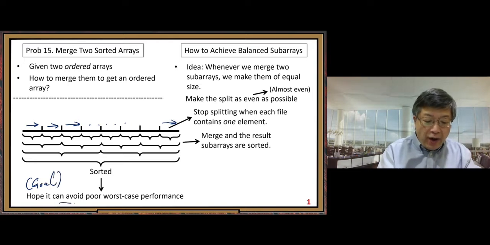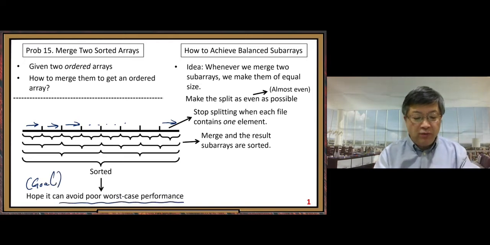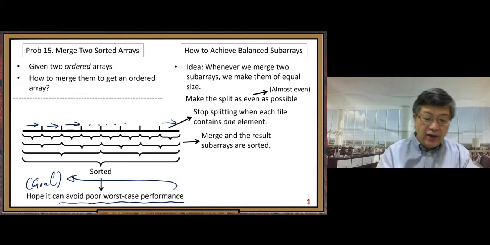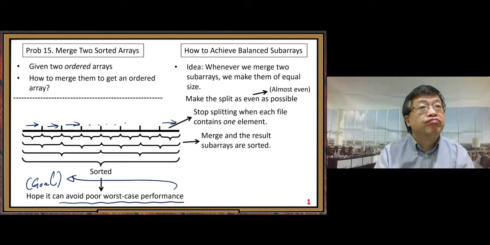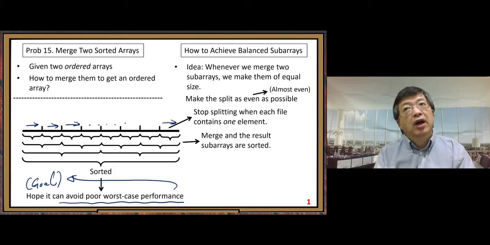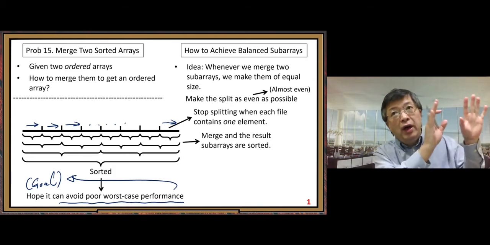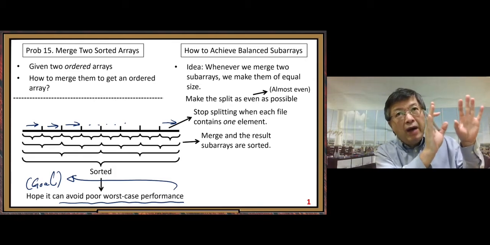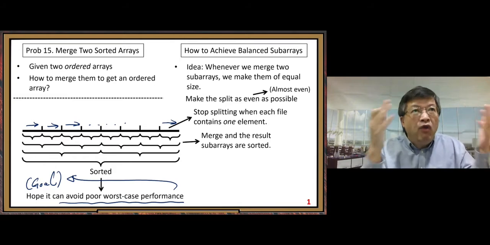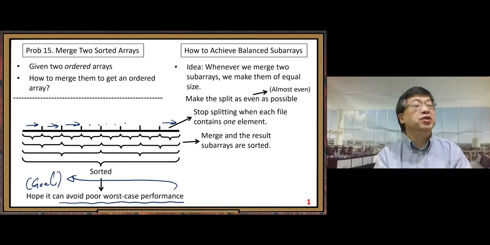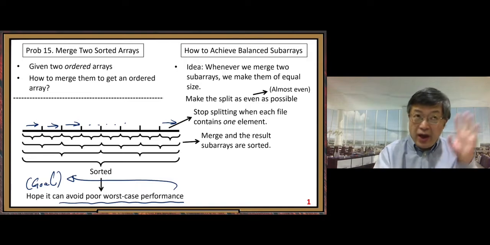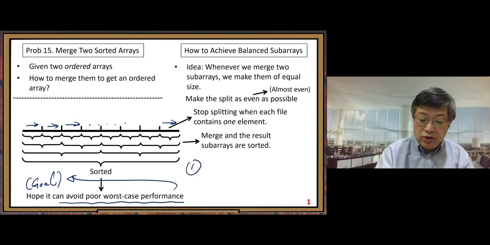We hope it can avoid poor worst case performance. Why can we hope that? So far, none of the sorting algorithms we have learned can avoid worst case performance. Their worst case performance is big theta of n squared.